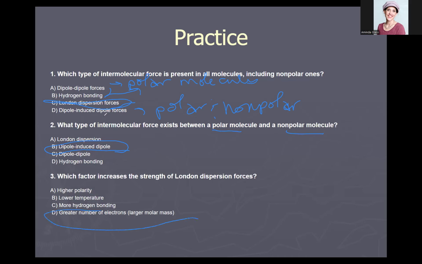And that would be a larger molar mass. The greater the molar mass, the more electrons you will have. The more electrons you have, the more likely you are to have multiple temporary poles.